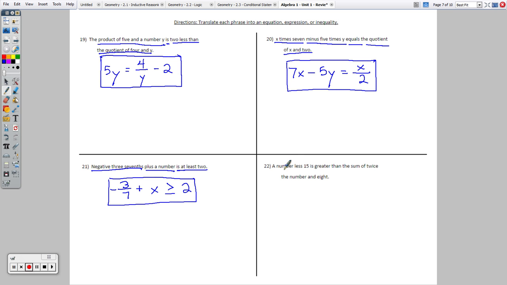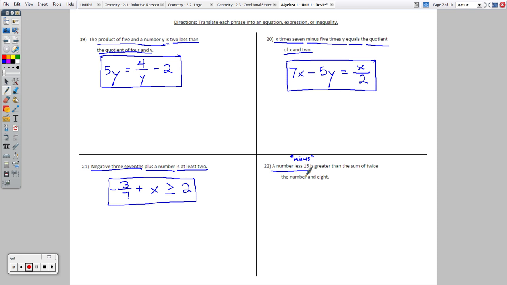And number 22, a number less than 15, or not, I'm sorry, I read that wrong. I inserted the word than in there. That's not there. So a number less 15, that's another way to say a number minus 15, but just a little less of a well-known way to say that, I would say.